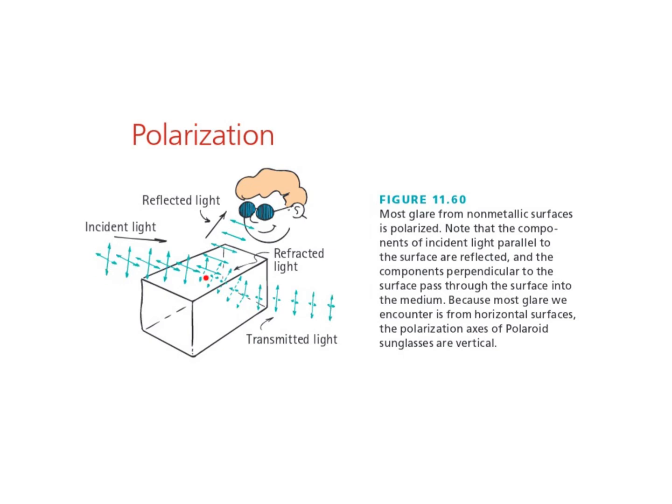It comes in and reflects off the surface, and what happens is only the left-right light is passed after the reflection, and the up and down vibrations are the ones that get transmitted into the material. So the left-right ones are the ones that reflect, and the up and down ones are the ones that are transmitted.